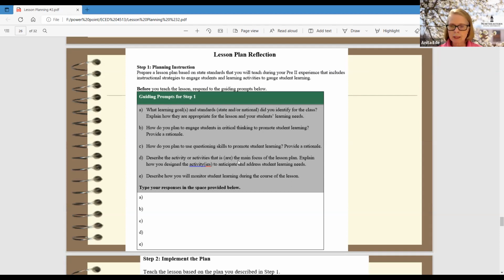Describe the activities that you've got in your lesson, both in your guided practice where you're the sage on the stage teaching, and in the centers where they're doing independent practice. Describe how you will monitor student learning during the course of the lesson.